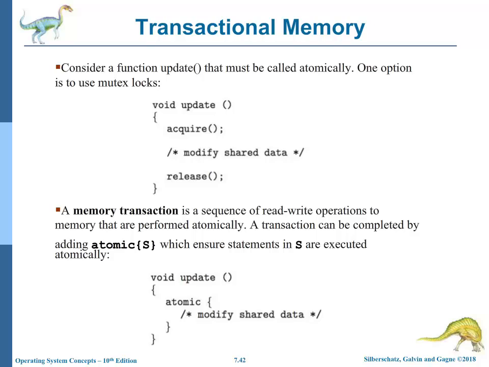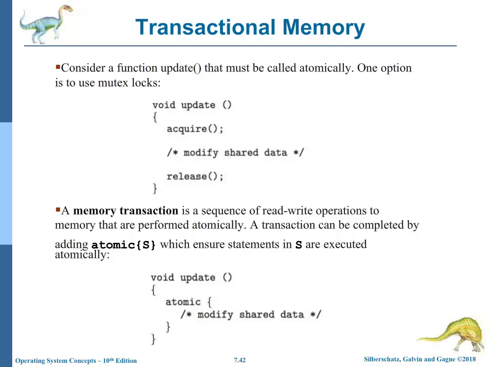This allows us to rewrite the update function as follows. The advantage of using such a mechanism rather than locks is that the transactional memory system, not the developer, is responsible for guaranteeing atomicity. Additionally, because no locks are involved, deadlock is not possible.